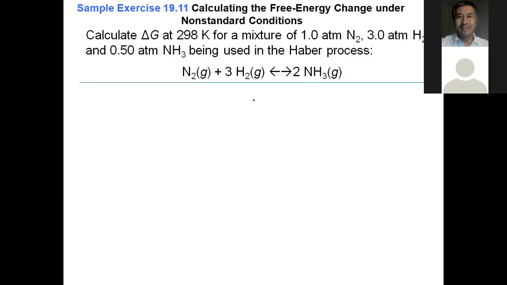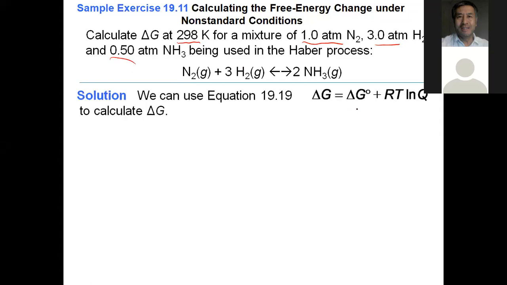So we use that equation to calculate delta G for chemical reactions at non-standard conditions. In this example, the temperature is standard, but the pressure is not.